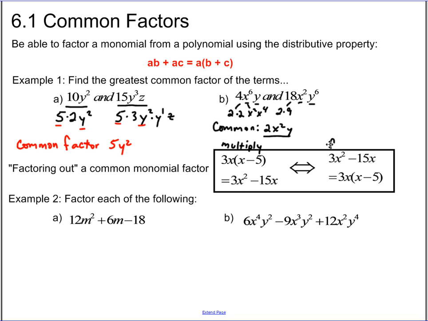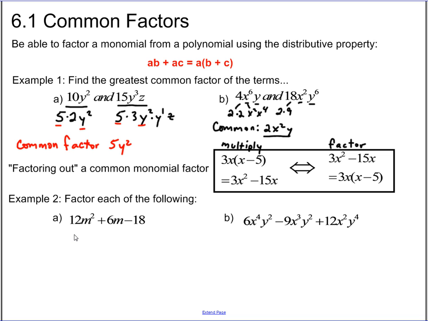In factoring, we reverse that process. In factoring, we're looking for the common factor among the terms and then using the distributive property to factor it out. So in this case, we note that 3x is the common factor among 3x squared minus 15x, and so we would rewrite it as 3x times the quantity x minus 5. So that's our first job.